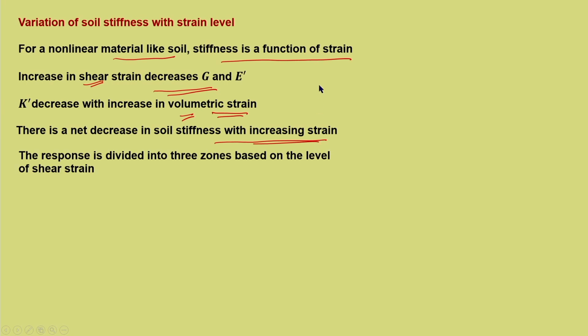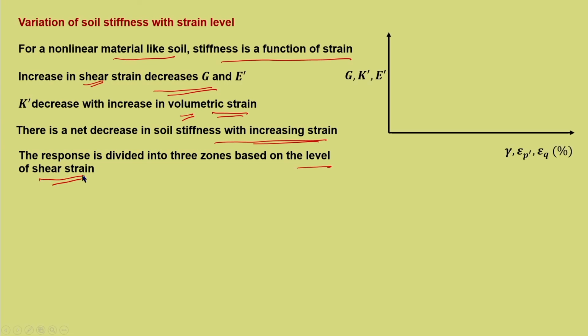The response is divided into 3 zones based on the level of shear strain, which shows how G, K dash, E dash vary with shear strain or volumetric strain or deviatoric strain. So, how does it vary? It varies something like this, an S-shaped curve. There are some indications of the values, which are 0.001 percent and 1 percent.